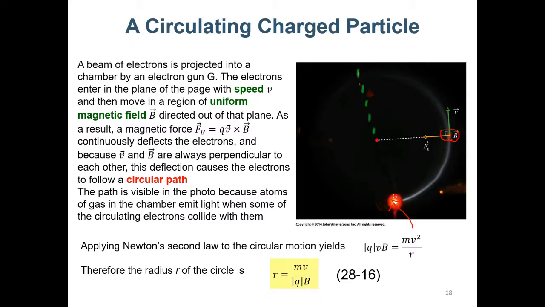So this particle will be in a circular motion. And this is the Lorentz force equals ma, using the circular motion equation. So we know the acceleration is v squared over r, and this is Newton's law of motion, F equals ma. So we know that the radius of the circular movement is something like this.